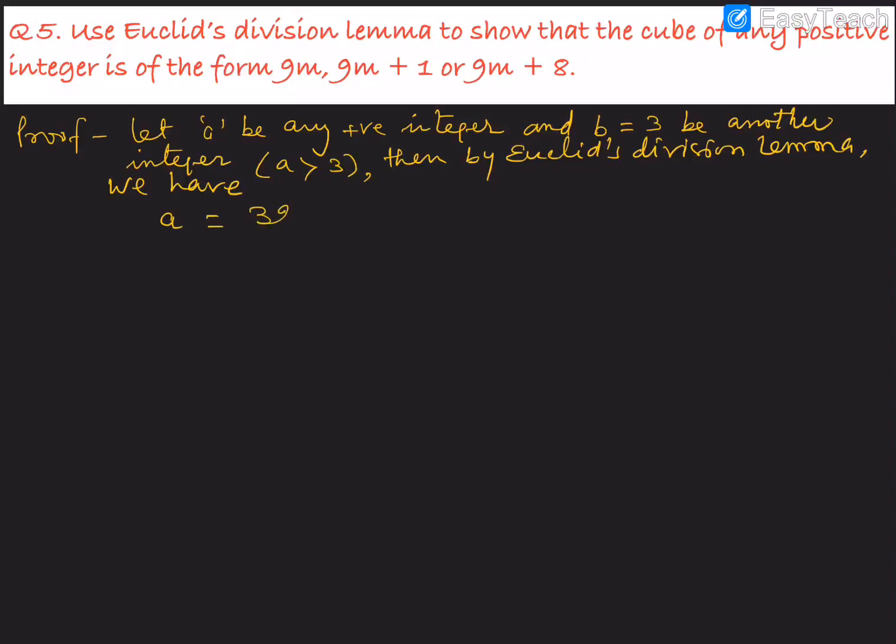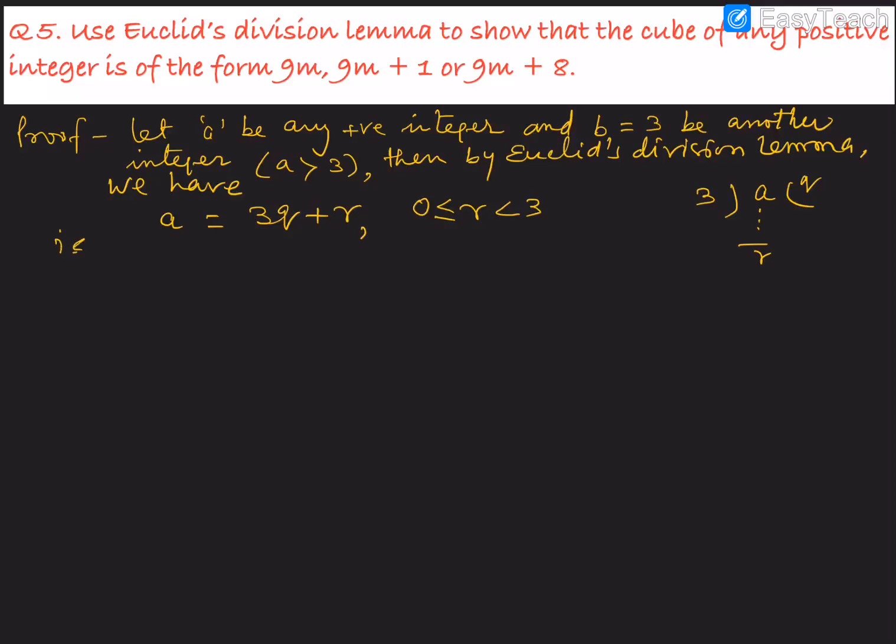as 3q plus r, where q is the quotient and r is the remainder when a is divided by 3. And r will be less than 3 and greater than or equal to 0.